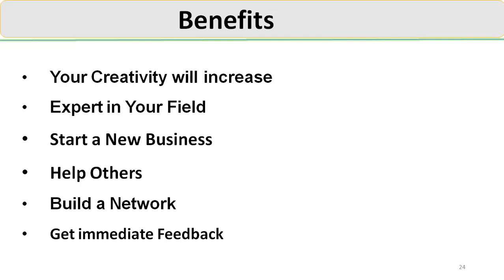Then after that, build a network. I already mentioned that you can do business, but how can you do business? By networking with others. How? Because most of the people will be connected with you. They will subscribe, and once you put up a post, there are lots of people waiting for that post, and they will search for it on your blog and definitely read it.